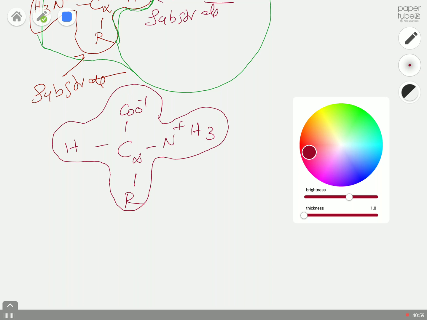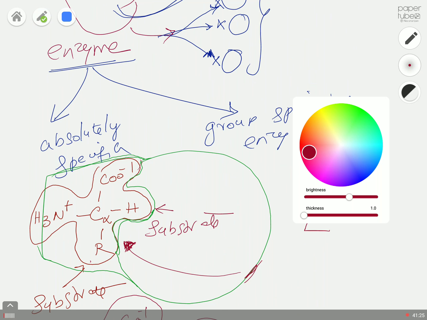Say if you have L and D forms, we call them chiral molecules or enantiomers. I hope you all know these things, because you are already in the third year. If you have these two types of molecules, L form and D form, your enzyme can act only on one form of your molecule, say the L form, and that's because this enzyme has this specific shape of pockets, or some active sites, that can take only this form of your molecule.